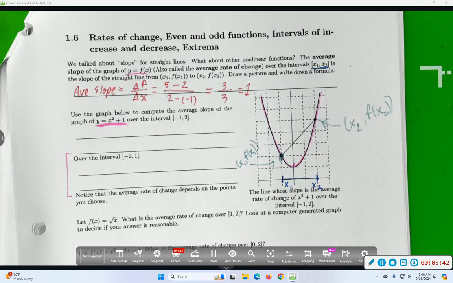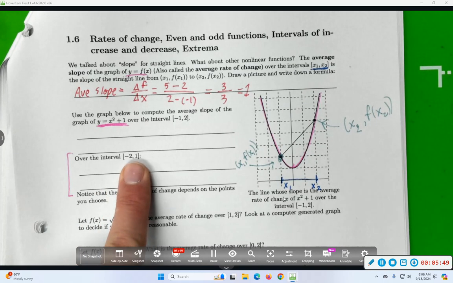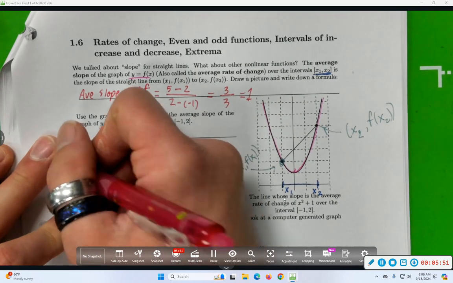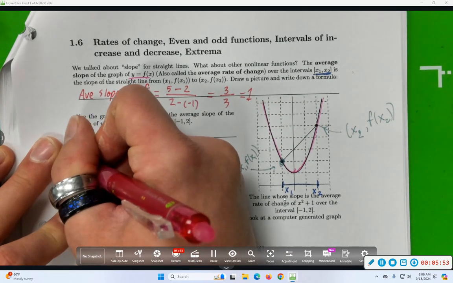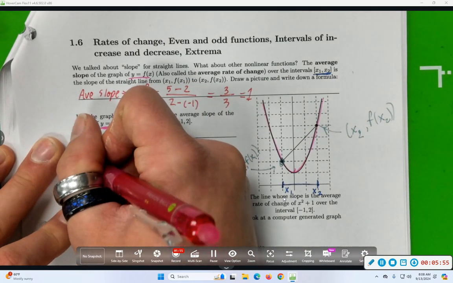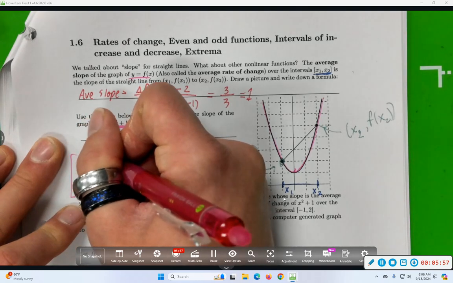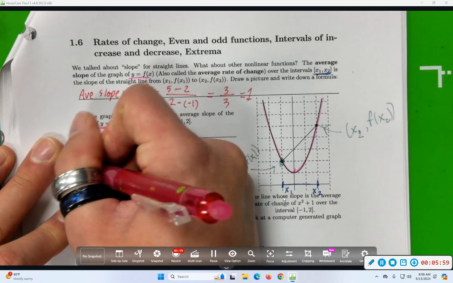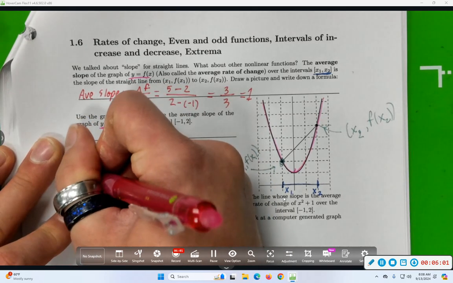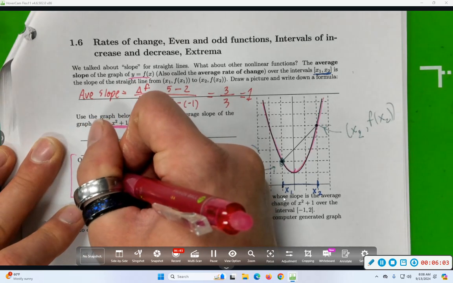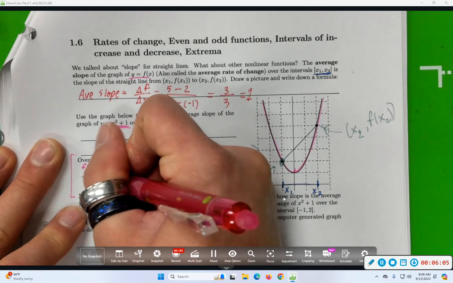Let's do the computation directly, just using the formula. So if I want the average rate of change of this function over that interval, what do I need to compute? I need to compute the change in the function value. So that's f at 1 minus f at negative 2 all over 1 minus negative 2.